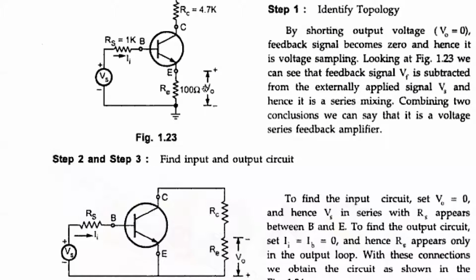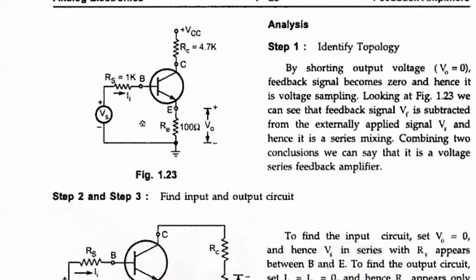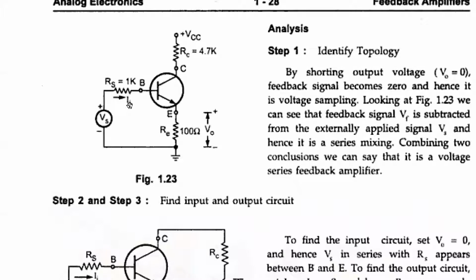Now, if we make Ii 0, see actually according to KCL, this current plus this current will be equal to this current, seeing the transistor as a node.